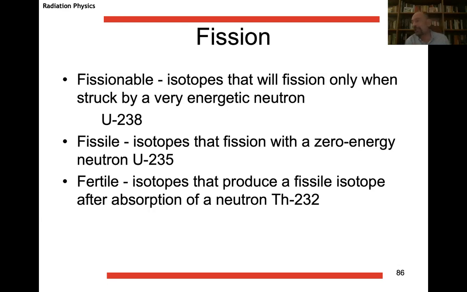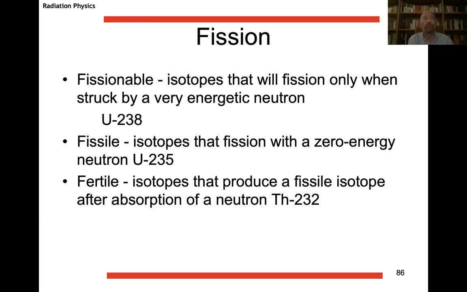So it's not practical to use uranium-238 for a nuclear reactor or a nuclear bomb. Vice versa, the fissile isotopes are those where even a cold neutron can induce a fission. And this is the rare isotope of uranium, 235.